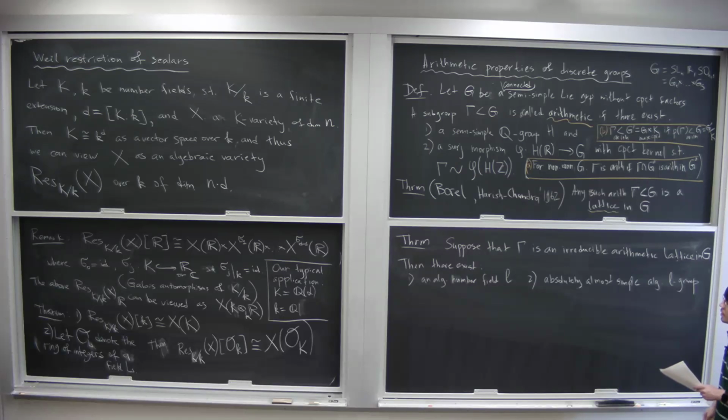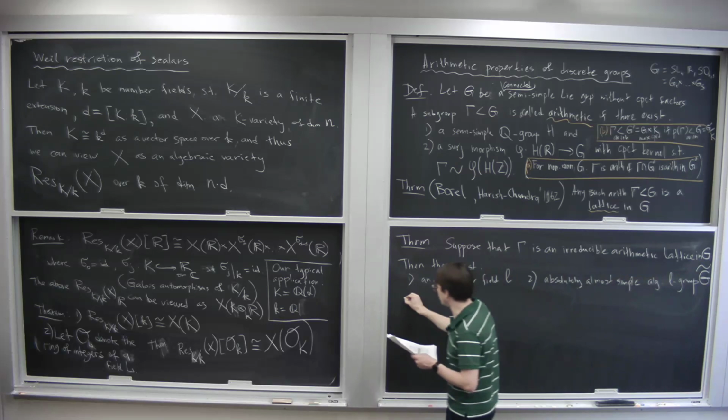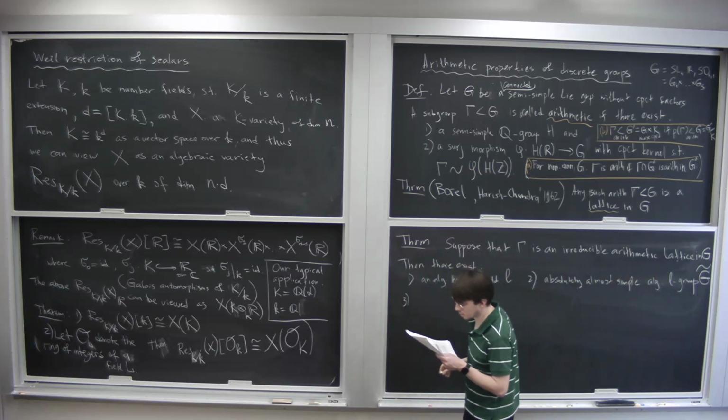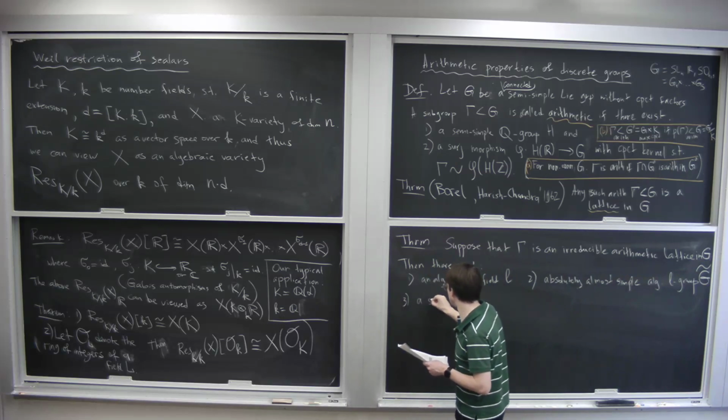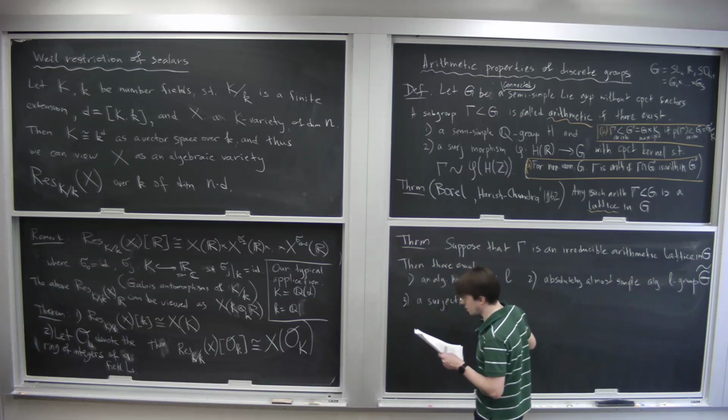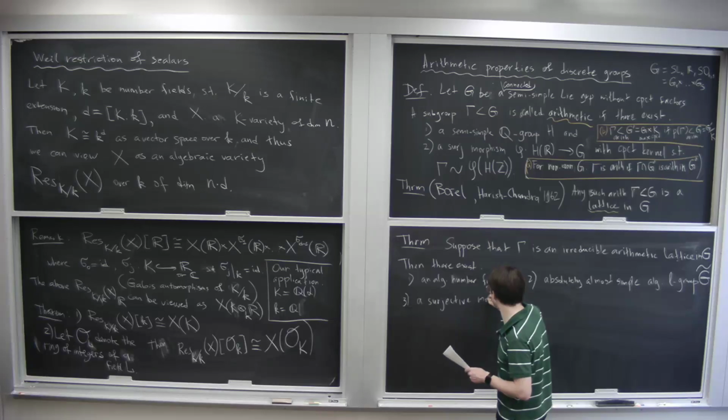I will denote it by, okay, I do not want to have too much, but let me denote it by G tilde, okay? G tilde. And also a continuous surjection, here the surjective morphism with compact kernel.